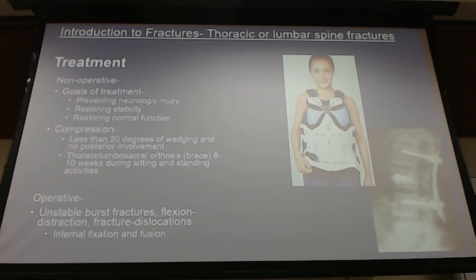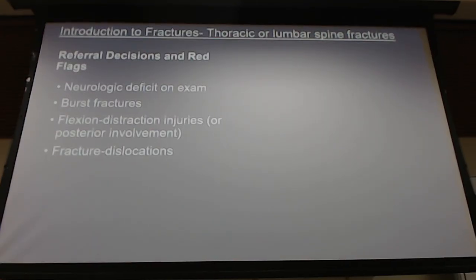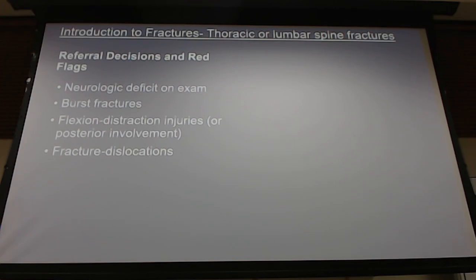If you got a patient with a compression fracture that is less than 20 degrees of wedging, they can go in a brace. Now what happens if it's beyond 20 degrees? Then they go to surgery. Red flags, of course: make sure that they don't have neurodeficits, burst fractures, and fracture dislocations.